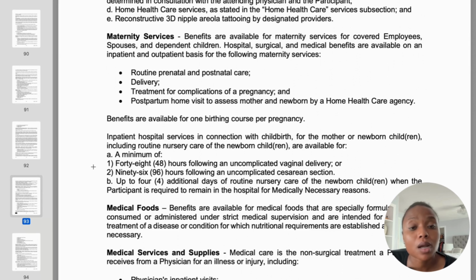Or if you had an uncomplicated C-section, they cover a minimum of 96 hours following that. And cover up to 4 additional days of routine nursery care if you're required to stay in the hospital for medically necessary reasons. So, this section is giving you more details about timing and caps and number of services covered that you didn't get in the medical benefits section.